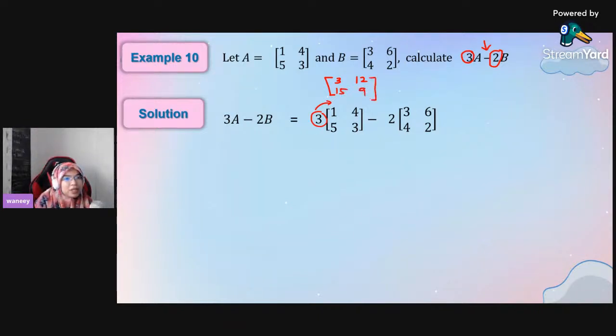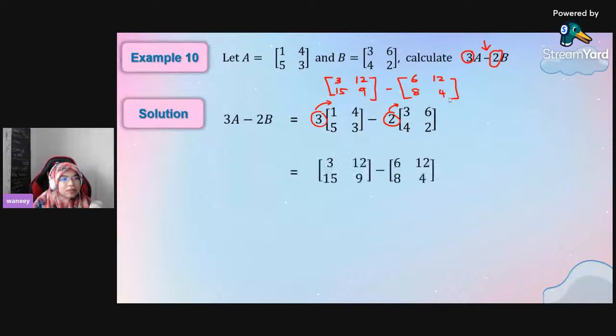And then you minus with 2 times in front. So all the entries will be times with 2. So it will become 6, 12, 8, 4. Okay, so 3, 12, 15, 9 minus 6, 12, 8, 4.